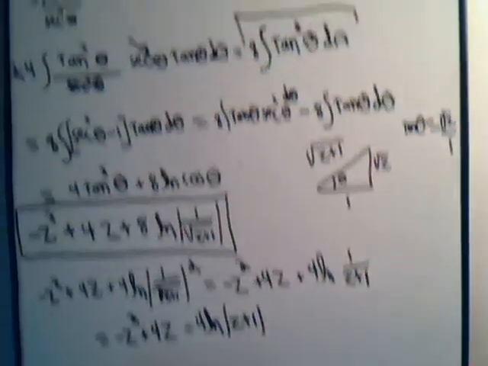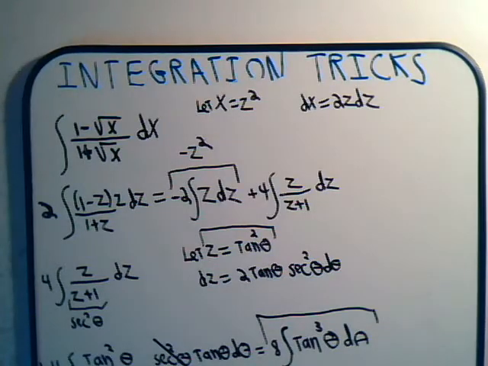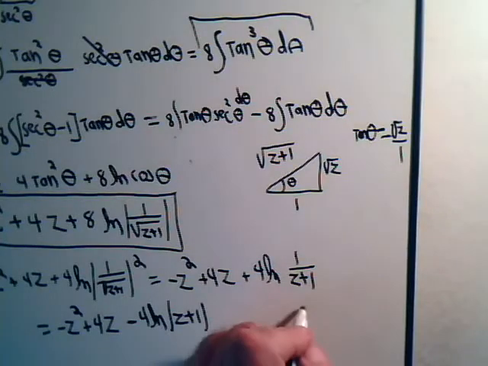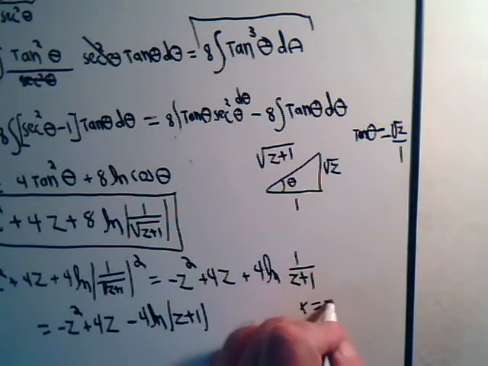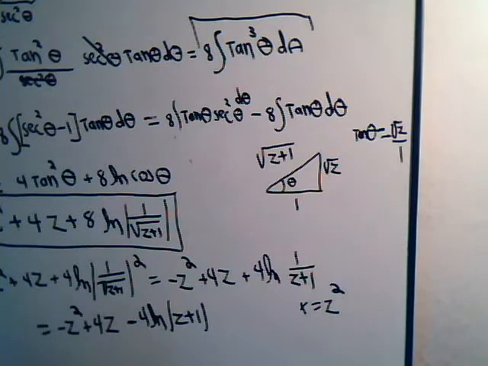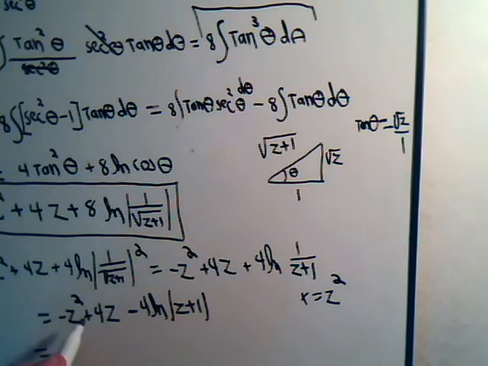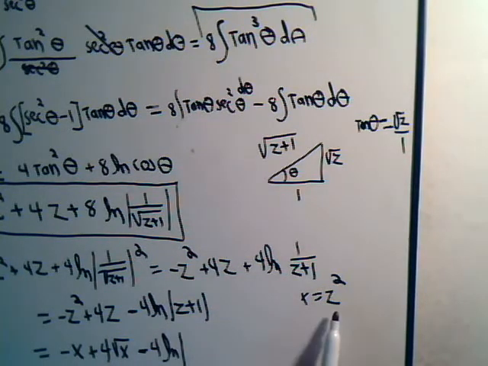Okay, now let's go back. x equals z squared. So this will be minus x plus 4 times the square root of x minus 4 times the natural log of z, which is the square root of x, plus 1.